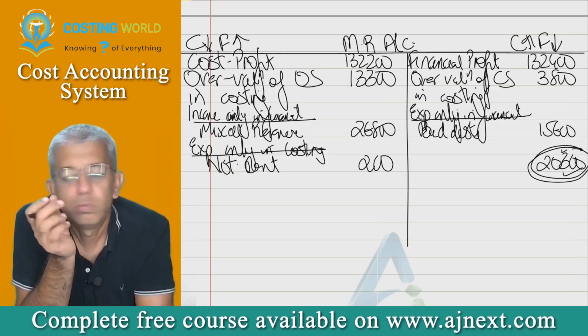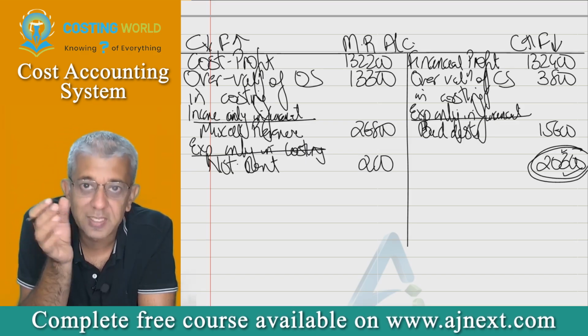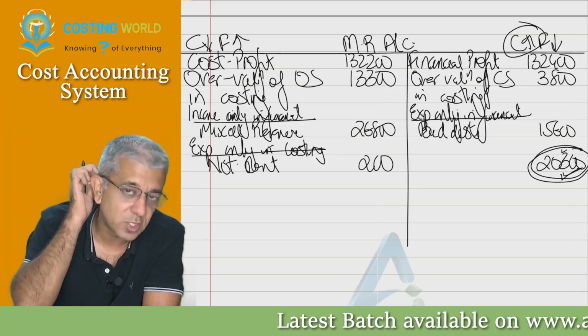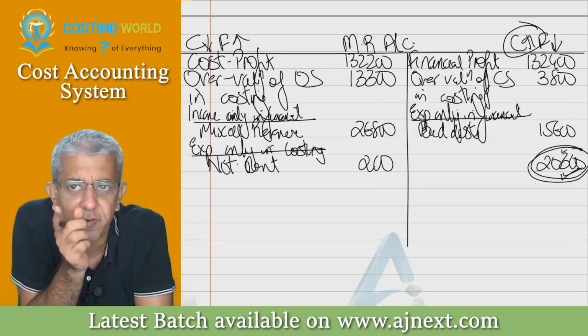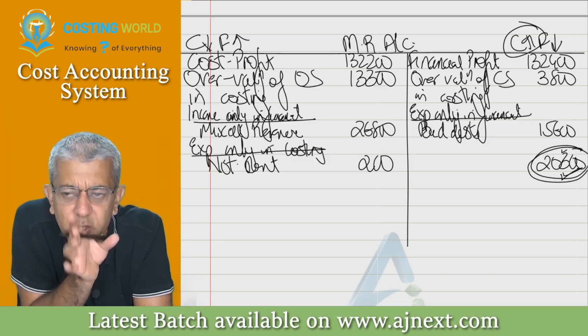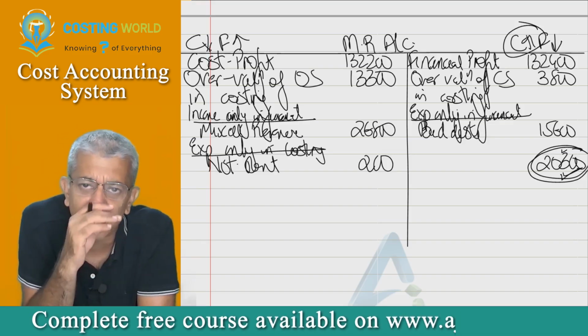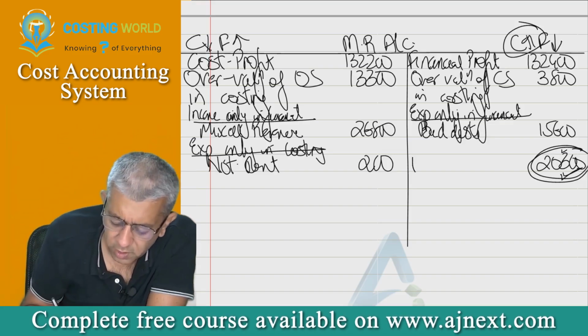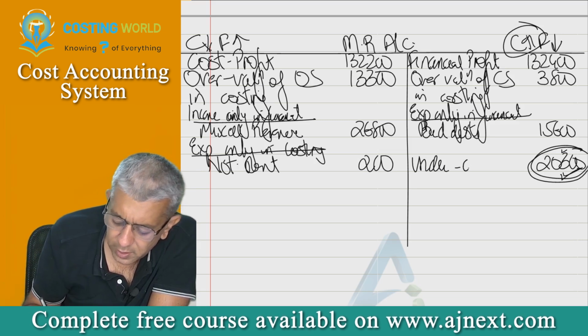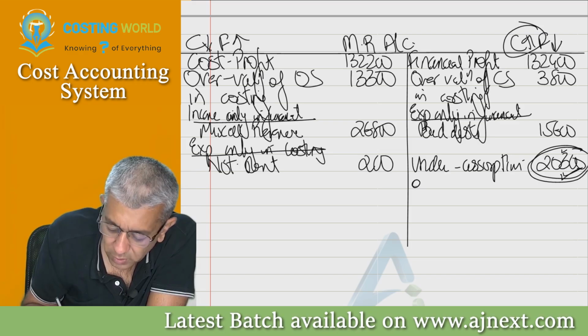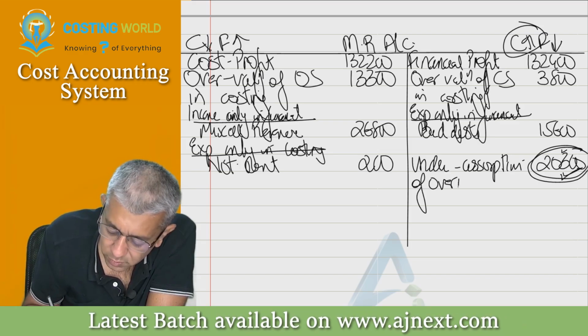Due to 20,300, costing's profit is higher. Costing's profit will be higher when costing's expense is lower. If in costing overheads are lower, it is under absorption. So you can write down under absorption. In fact, I don't even know it is under absorption of which overhead, so I'm simply writing of overheads only.